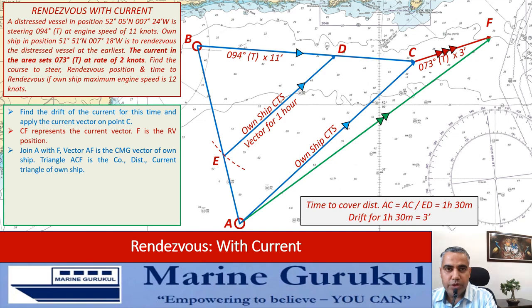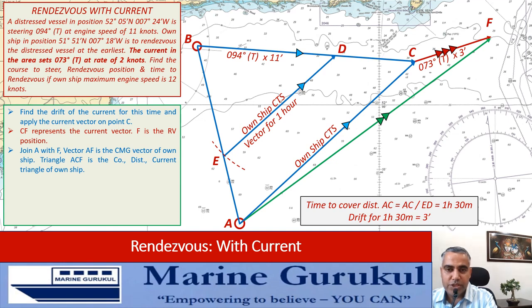Now please take your attention to the triangle ACF, Alpha Charlie Foxtrot. You will see the triangle ACF is the course distance and current vector triangle for the own ship for a time period of 1 hour and 30 minutes.